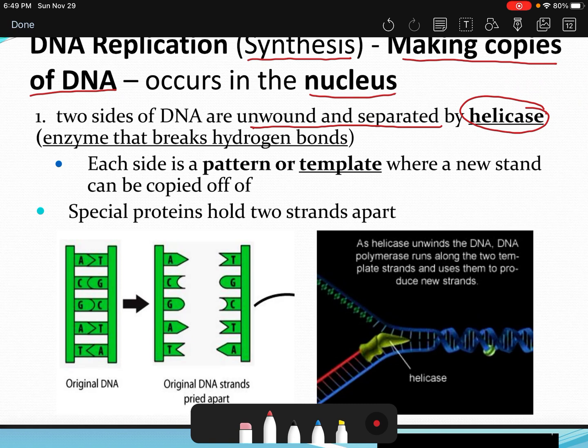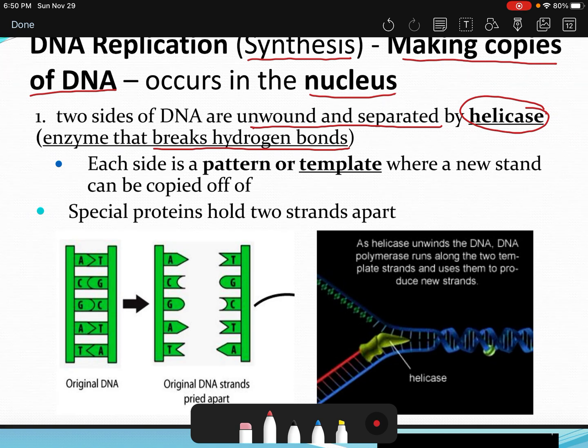And what that enzyme does is it breaks the hydrogen bonds. Remember, we said that hydrogen bonds are very weak bonds. Well, I told you this would be important, and the reason it's important is that it allows the helicase to break those weak bonds and separate the DNA into two separate strands. Okay, because the only thing joining them together are those hydrogen bonds between the bases.